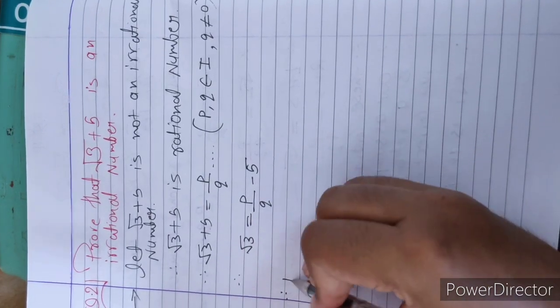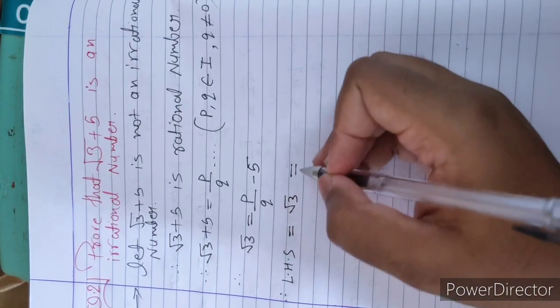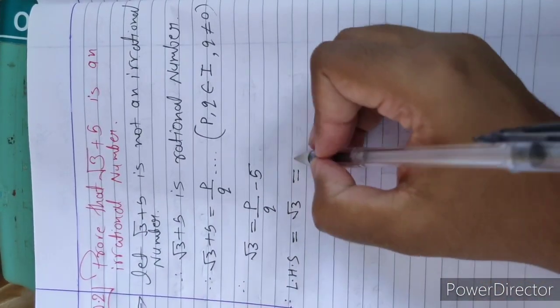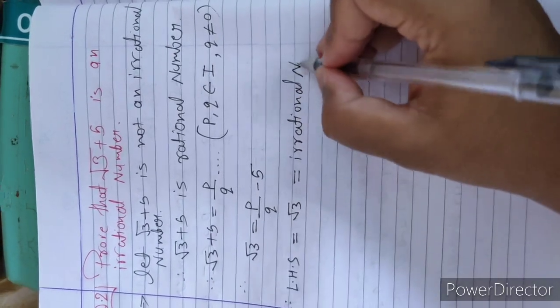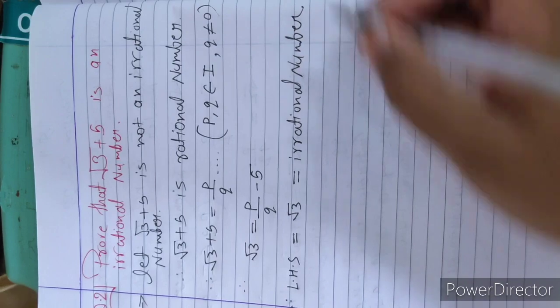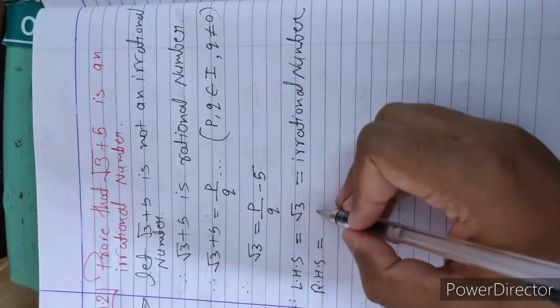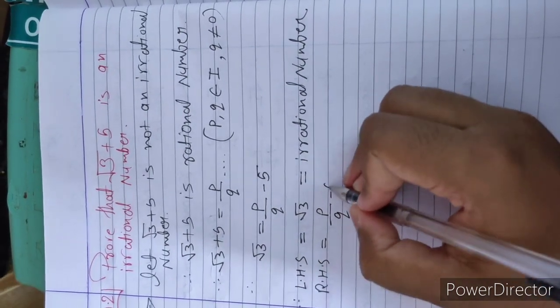LHS is equal to root 3, and we know that root 2, root 3, root 5, root 7 are all irrational numbers. In RHS we are getting p by q minus 5.